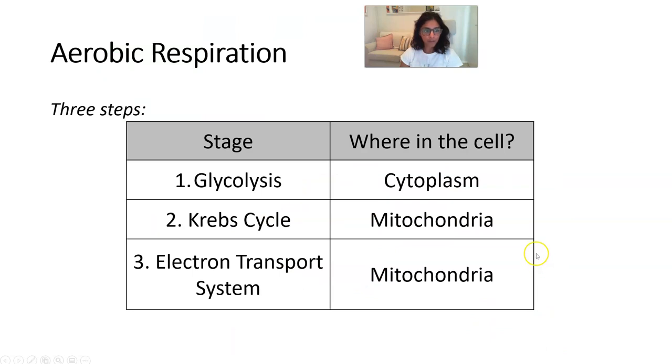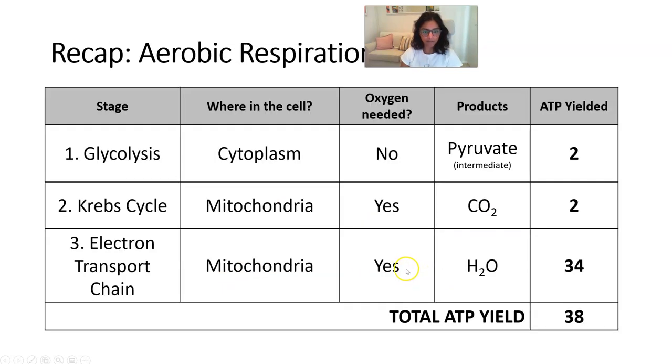So the three steps in aerobic respiration are glycolysis, the same as anaerobic respiration, which still occurs in the cytoplasm. And we have two further steps, which are the Krebs cycle and the electron transport system, which both occur in the mitochondria. Here's a more detailed summary of what we've talked about so far.